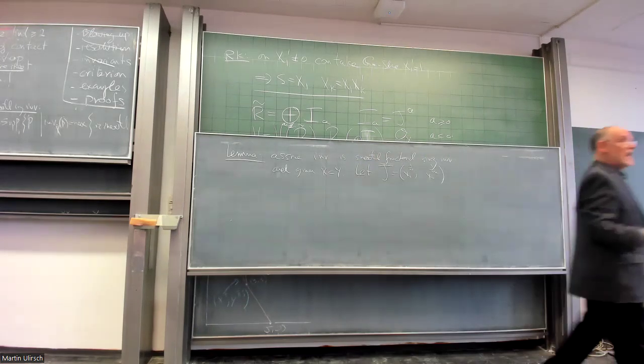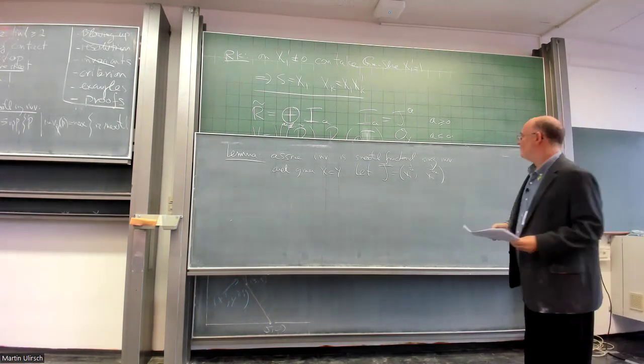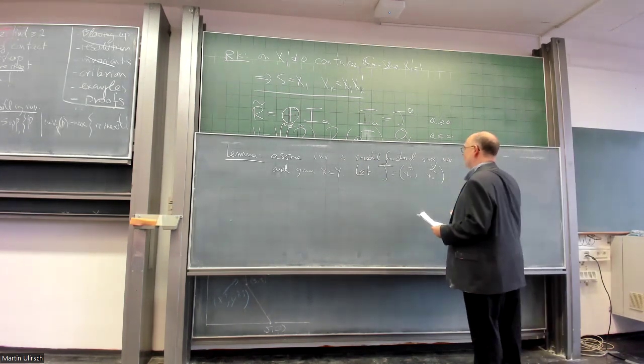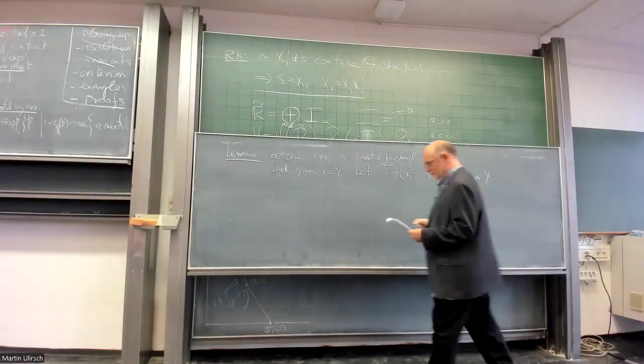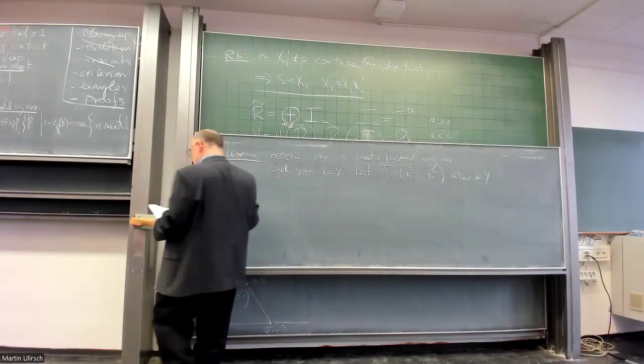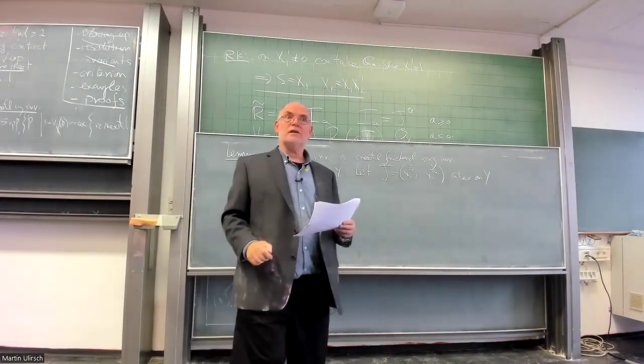So I'm assuming that I have a center for weighted blowing up. Remember, a center is a monomial valuation. It's something that belongs here. And assume three things about this center.